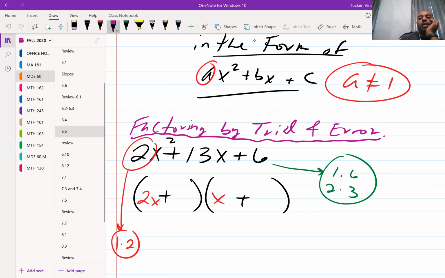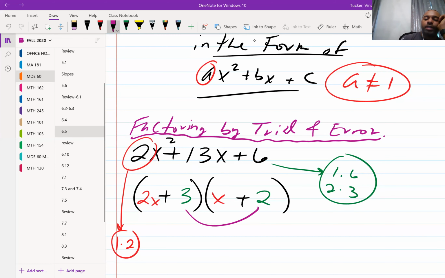So now when we look at 1 times 6 and 2 times 3, remember that we want to get 13 in the middle. All right. So let's say I decided to use 3 and 2. Now you have to ask yourself, are you going to get 13 in the middle? I already know that 2x times x will give me 2x squared.